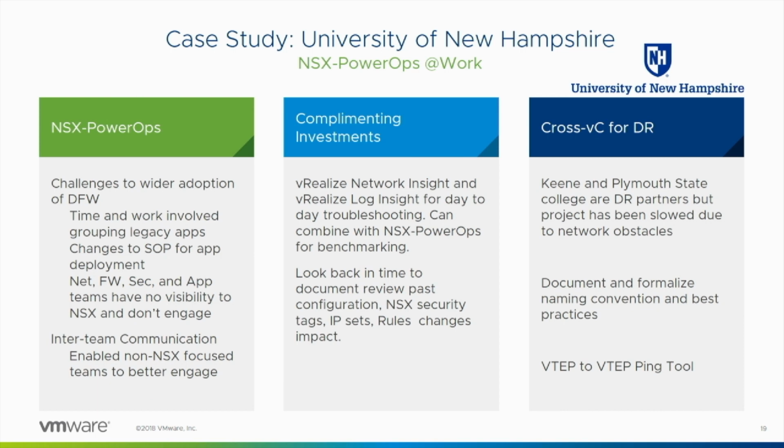The next one for us was the cross VC for DR. So we are part of a larger University System of New Hampshire, which includes Keene and Plymouth. So we use their sites as DR locations. We are fortunate to have a very good relationship with our WAN team, but we do often need to use especially the VTEP tool to do MTU troubleshooting.